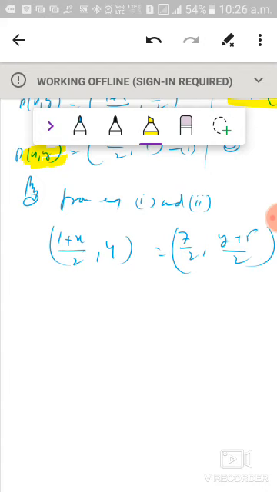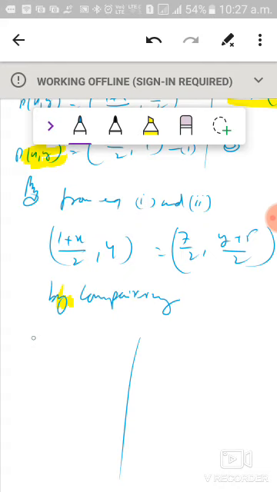So now we'll compare x coordinate with x coordinate and y coordinate with y coordinate. X coordinate this side, 1 plus x by 2 is equal to 7 by 2, 2 cancels, so x is 7 minus 1 is 6.